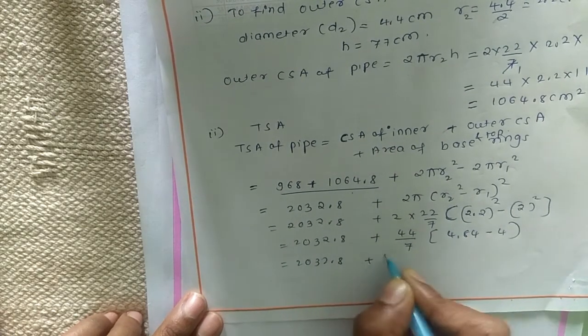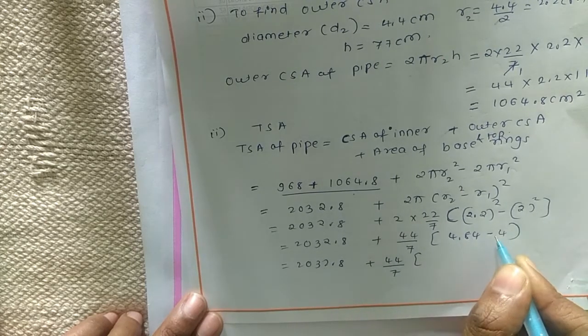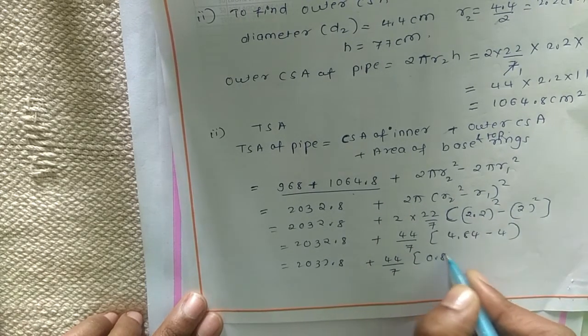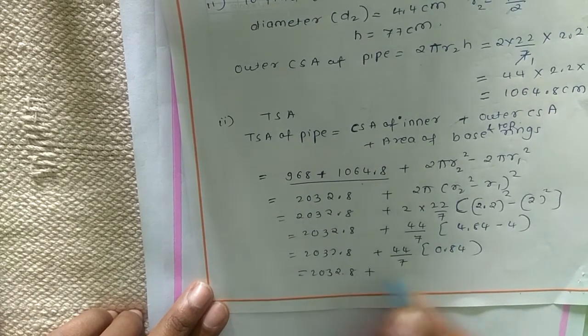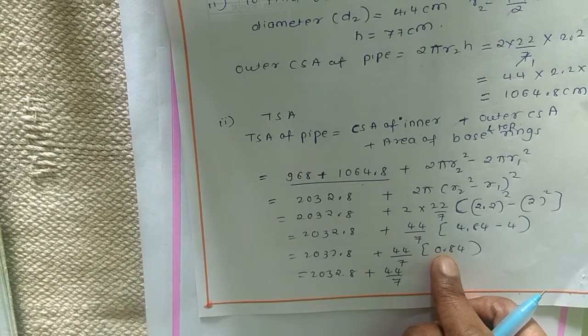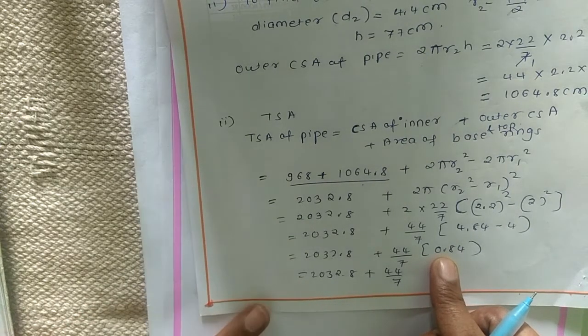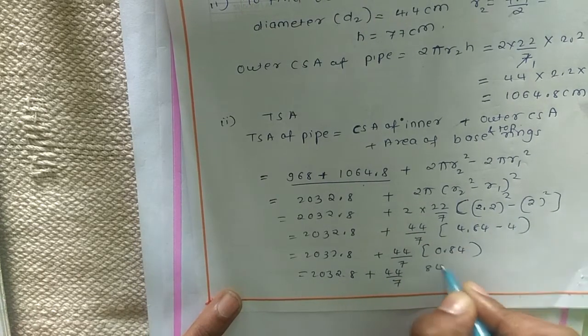So 2032.8 plus 44 divided by 7 into 4.84 minus 4, which is 0.84. And this you can convert into decimal, because if you ignore the point and consider 84, this is divisible by 7.